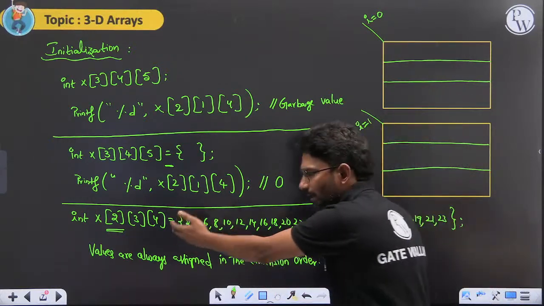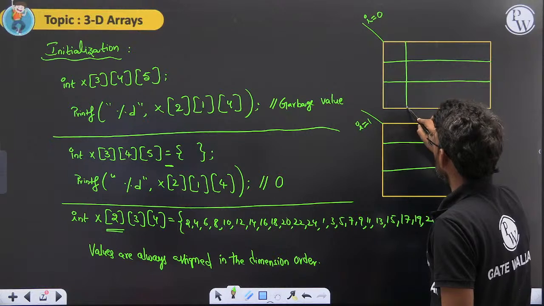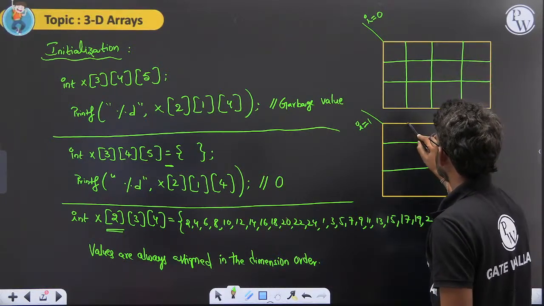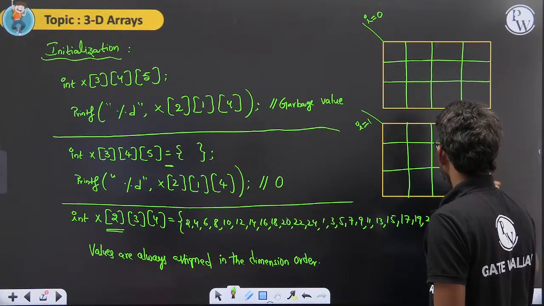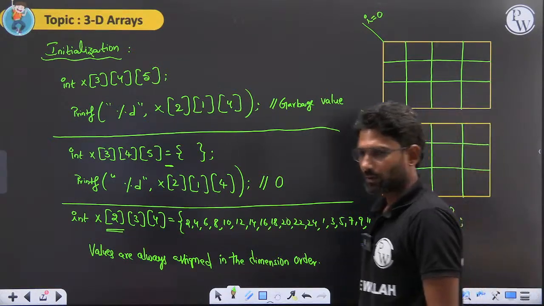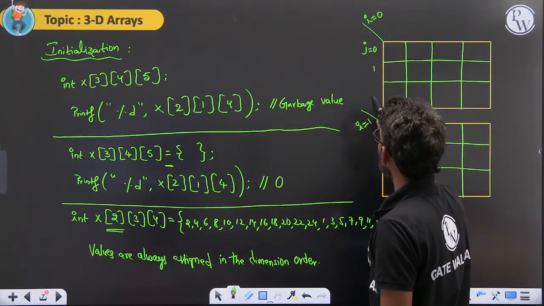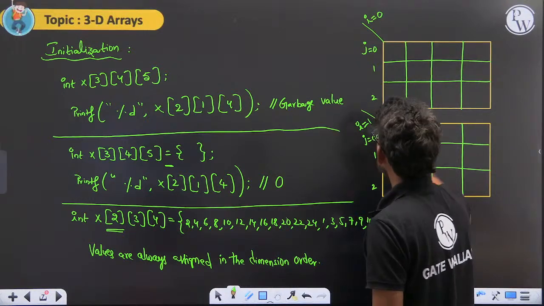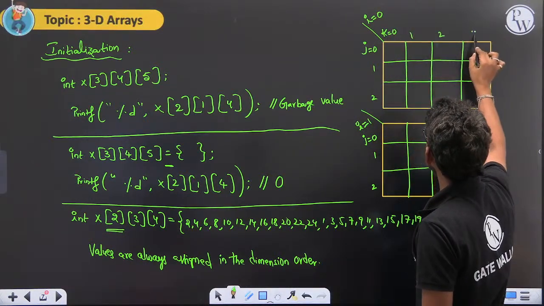In every 1D array I have 4 elements, that means I am taking 4 columns. And this indexing also starts with 0. Column indexing also starts with 0.